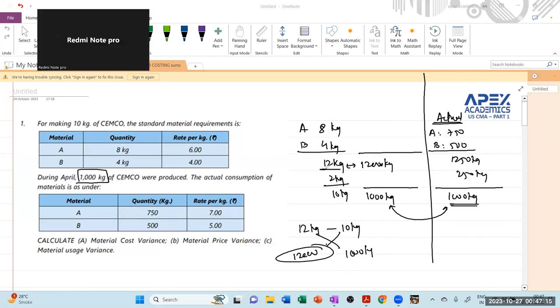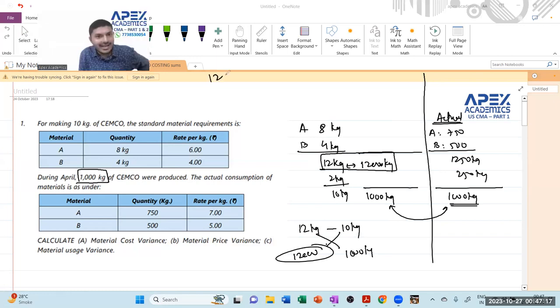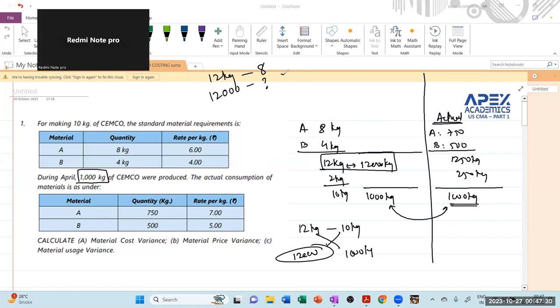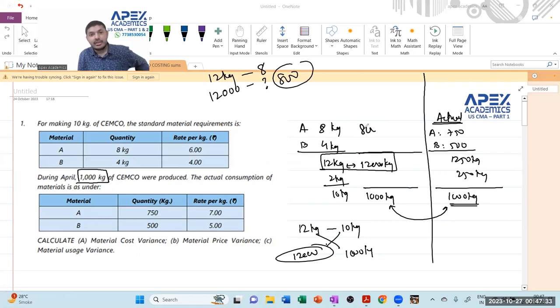Now in 12 kg of input, I have 8 kg of A. So in 12,000, how many I should have? 800, no? Now, in 12 kg, I have 4 kg. How many I should have? 400.